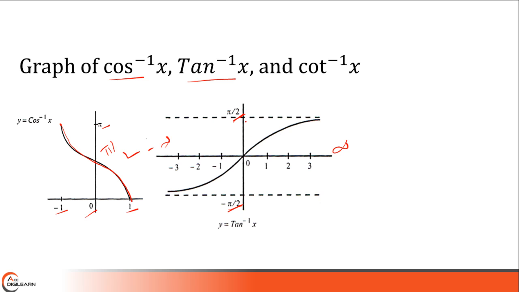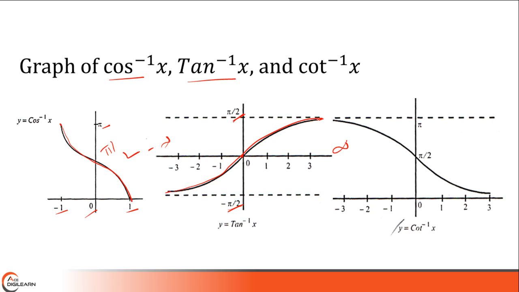Tan inverse of infinity is pi by 2, at minus infinity it is minus pi by 2, and at 0 it becomes 0. This is the graph of tan inverse x. Now cot inverse: the domain is minus infinity to infinity and the range is 0 to pi. This is the graph of cot inverse x.